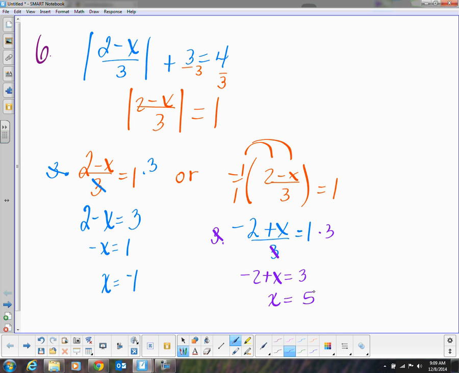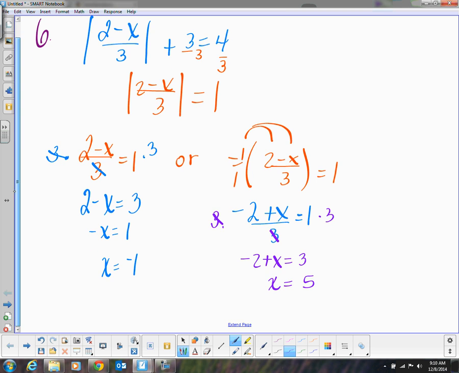Now, is this one of those ones that you could have worked backwards? How could you have worked from the answers backwards? Plugging them in and seeing which pair works. All right.